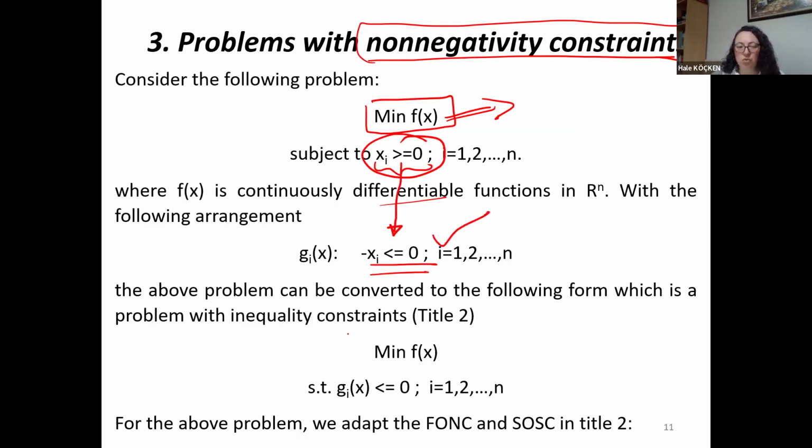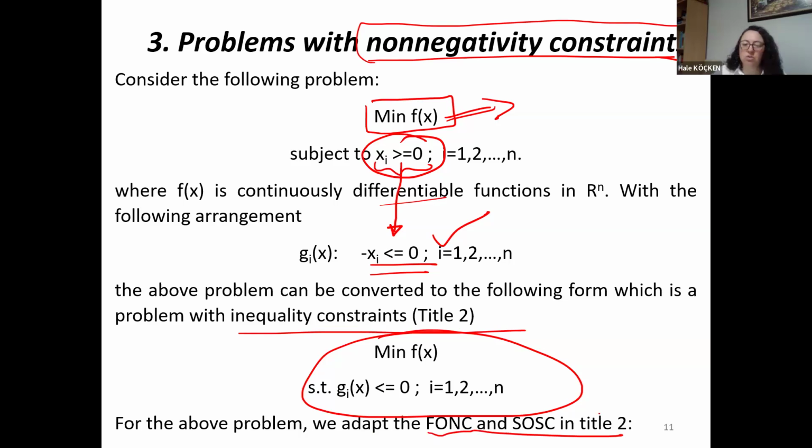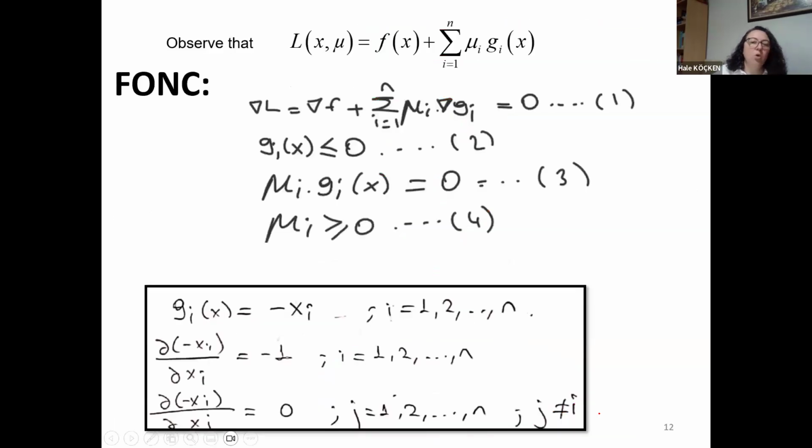This is what we need to do in our theory. So anyway, you have a problem that matches title 2. All you need to do is apply the second order sufficient condition from title 2. Observe that your Lagrangian is the objective function plus mu times g_i(x).